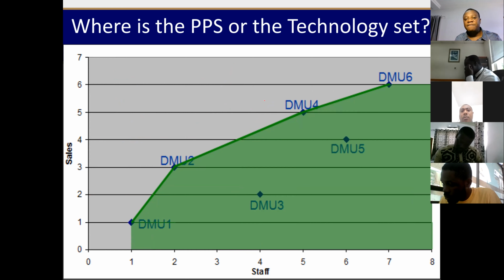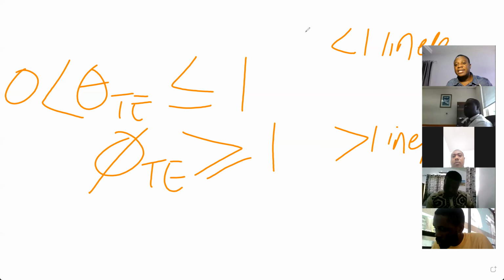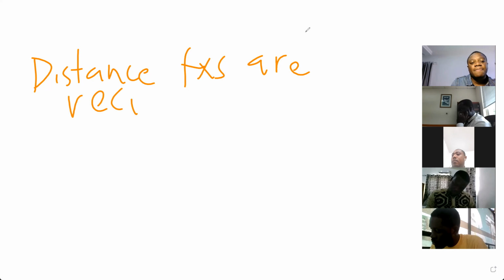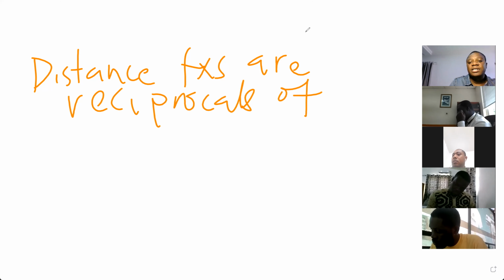It's different from distance functions. Distance functions are reciprocals of the technical efficiency scores.